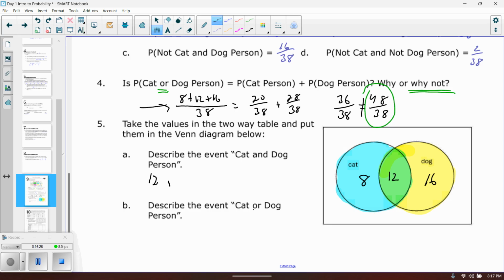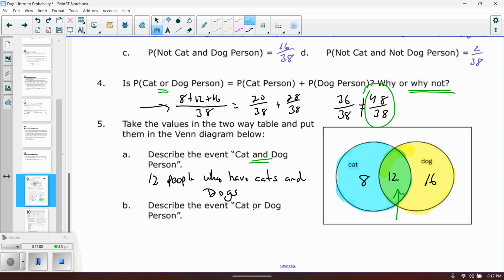So 12 people who have cats and dogs. I'll write out the word and because this pen drags a little bit too much. So that is the and statement. That's the intersection. That's the overlap. That's this piece right here.